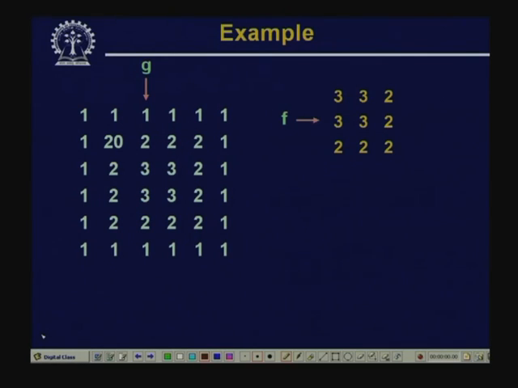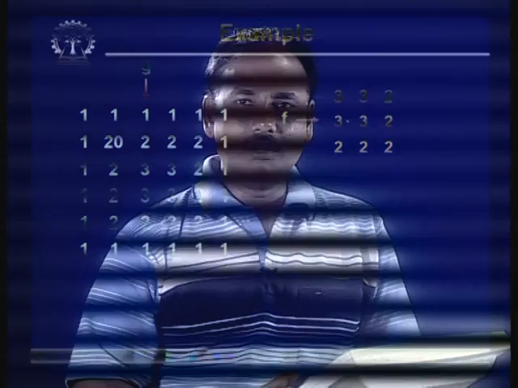Now, to calculate the CFG and find out the match location, I have to take the template, shift it to all possible locations in the given image G, and find out the cross correlation or the similarity measure for that particular shift.